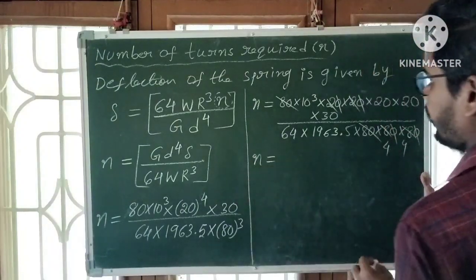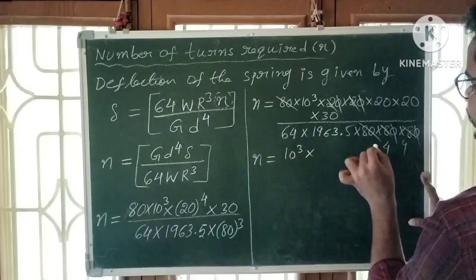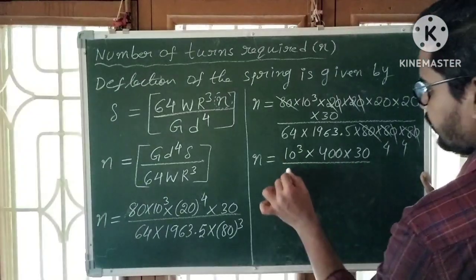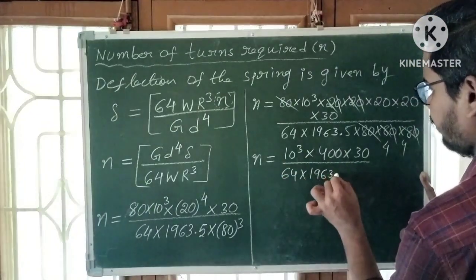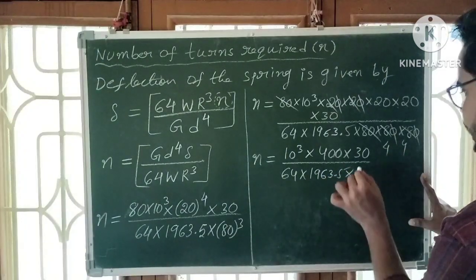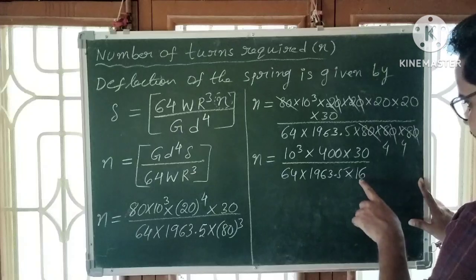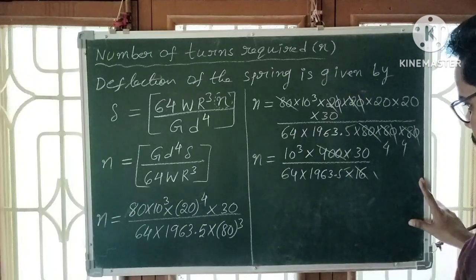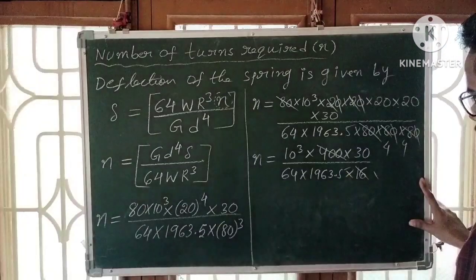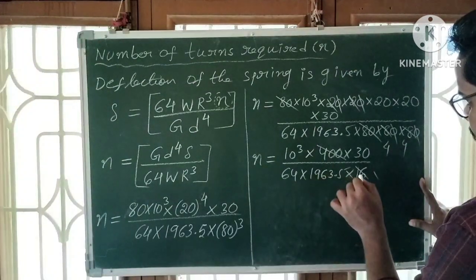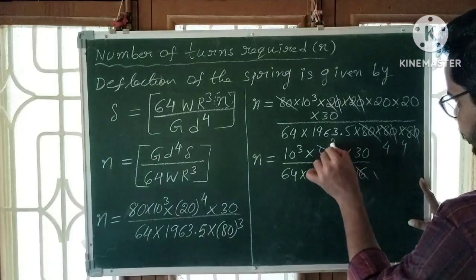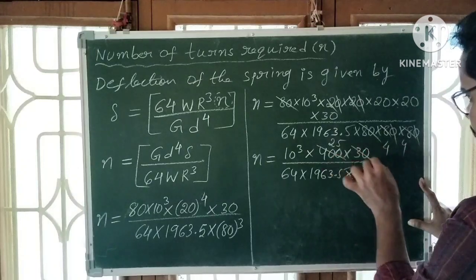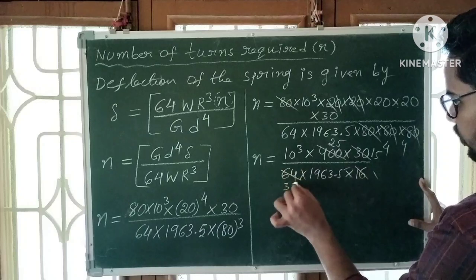So the remaining values: 10 cube into 20 into 20, 400, into 30, whole divided by 64 into 1963.5. 16 times 25 is 400, and 2 15s are 30, 2 32s are 64.